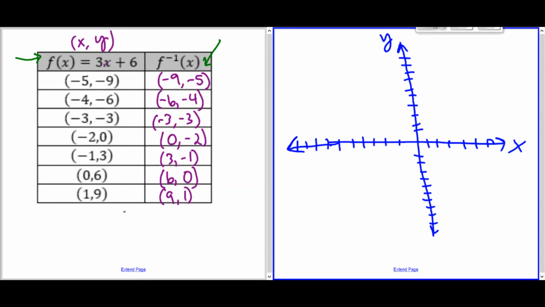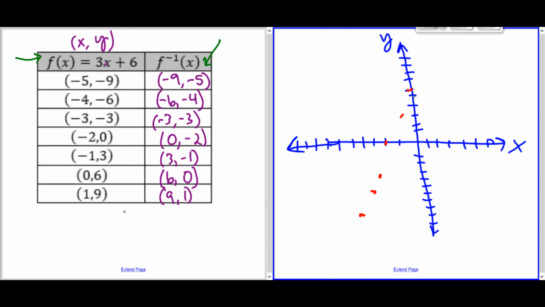So I'm going to plot each of these points: -5, -9. It's going to be about here. -4, -6, about here. -3, -3, about here. -2, 0, about here. -1, 3, about here. 0, 6.